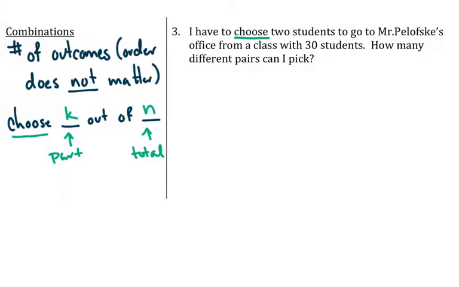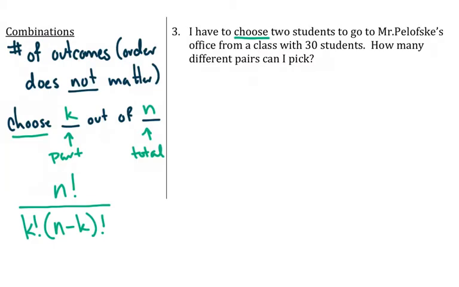And the formula for the combination is similar. It's n factorial over n minus k factorial, but there's also a k factorial here. So there's just that little extra bit in the denominator, and that's the difference between a combination and a permutation.